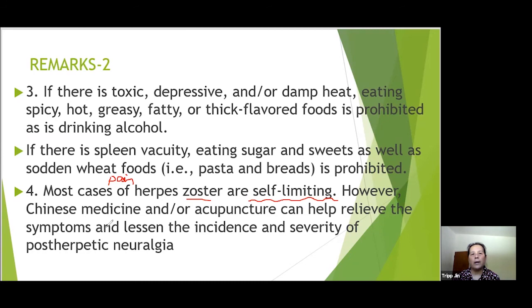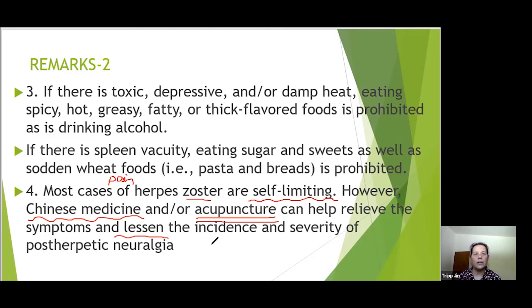So truly, using herbs, Chinese medicine, and especially acupuncture is pretty good to help people relieve pain, and certainly can help relieve the skin rashes and help patients recover faster.